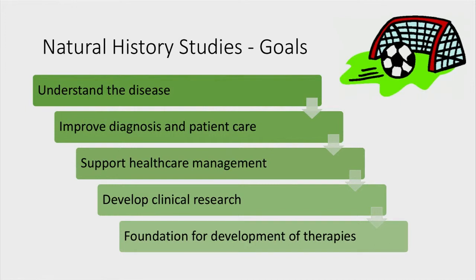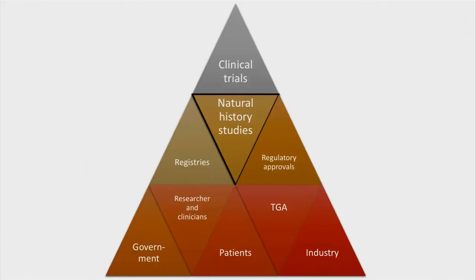To understand the disease, to improve diagnosis and patient care, to support healthcare management and development, for clinical research, but most importantly, I think, development of therapies. And here you see this pyramid of a whole lot of factors that have to go together to get new treatments for patients, and natural history studies are central to that.